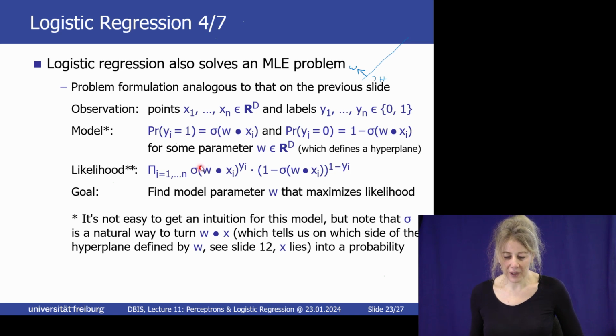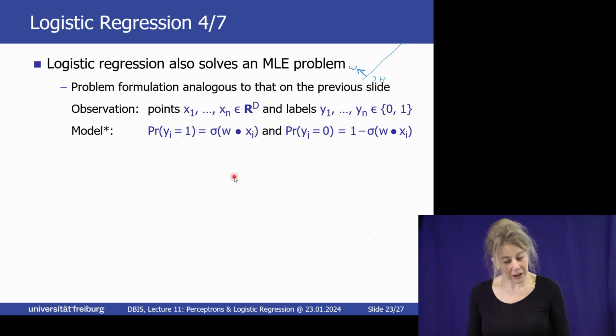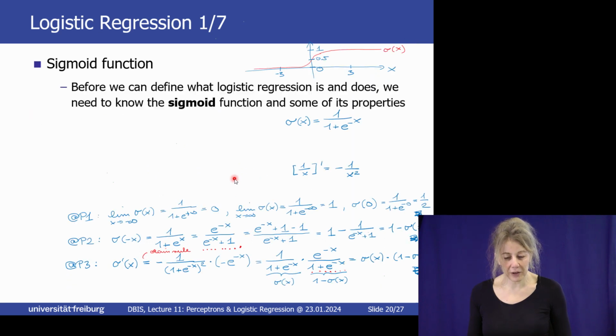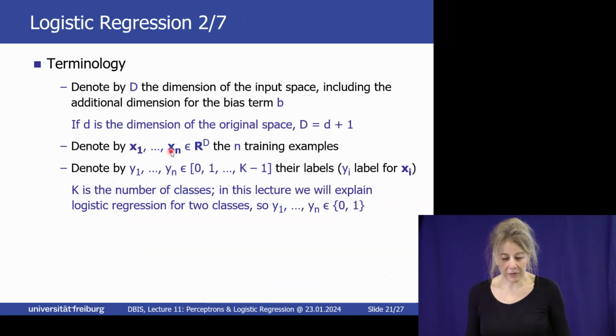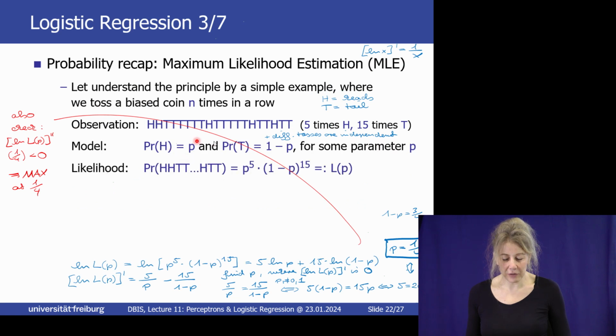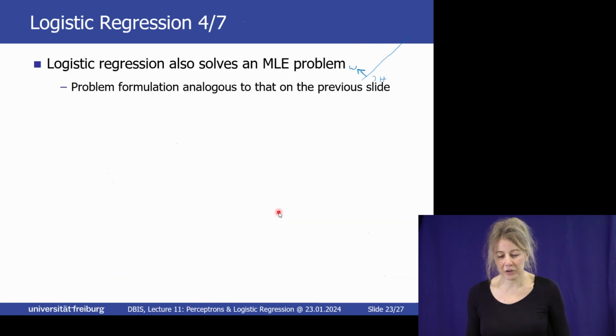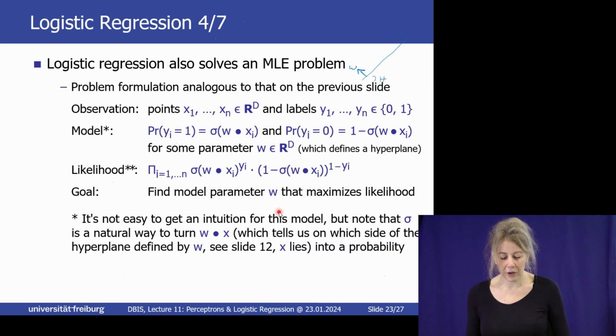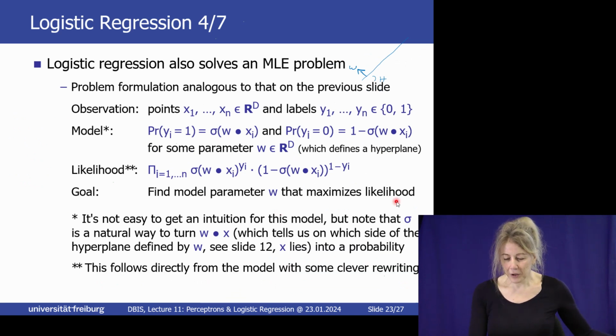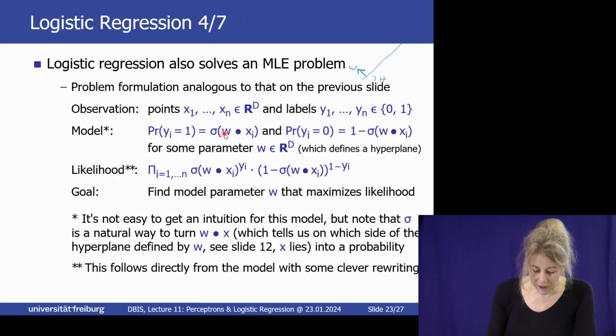Okay. Now, you can compute the likelihood just like before. Let me switch back and forth. If I have this model assumption, now I can compute the likelihood of this observation, right? Let me just do this here. The formula is now a bit more complicated, but actually it's very nice.